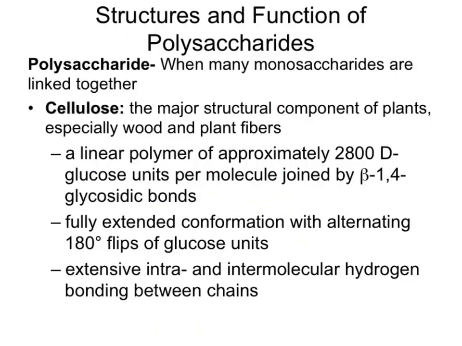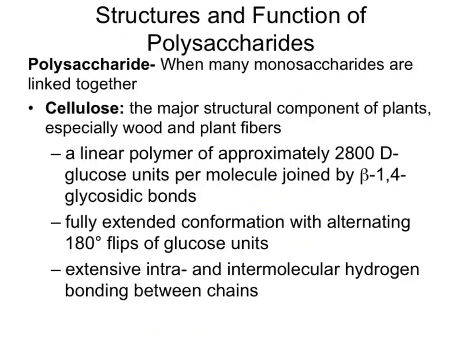To build it and generate the kind of structural effects, you'll end up noticing a 180 flip on it. So depending on how they want to represent that structural drawing, you may see it with that weird curvy bond, or you might actually see the structure flipped over. Okay. One of the reasons why it's going to be used for structure is due to all the hydrogen bonding. So you notice with your sugars, you've got all those OH groups.